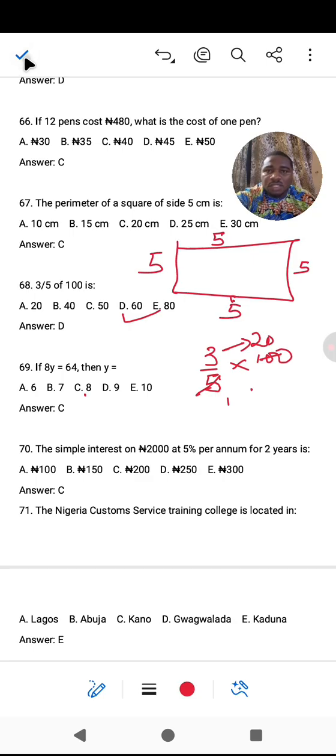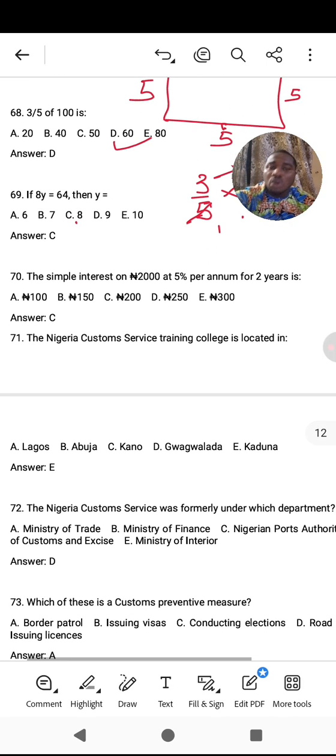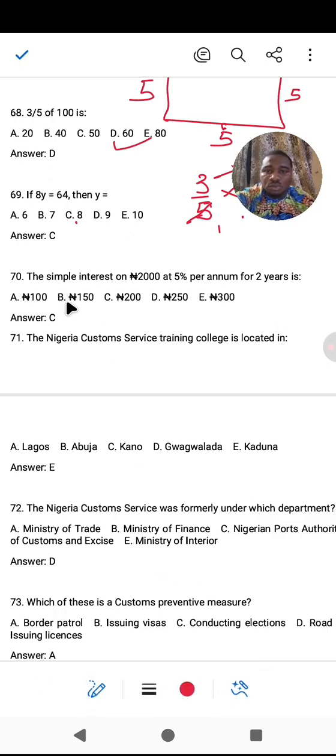Now, simple interest question. You need to recall the formula for simple interest. So those are simple mathematical formulas. Interest is normally principal times rate times time over 100. So if you can remember this, you're good to go, right?